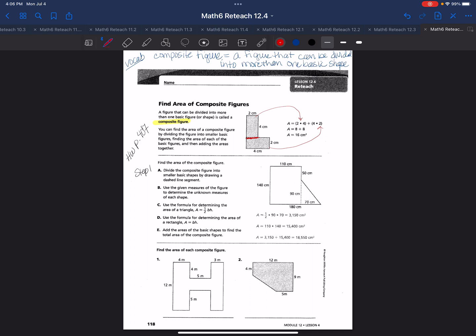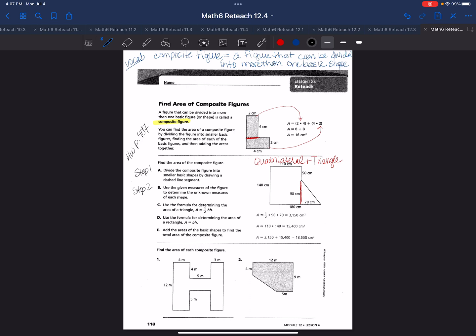So here they drew the dashed line here. So now we have a quadrilateral and a triangle. So we have a quadrilateral plus a triangle. Step 2, use the given measures of the figure to determine the unknown measures of the shapes.